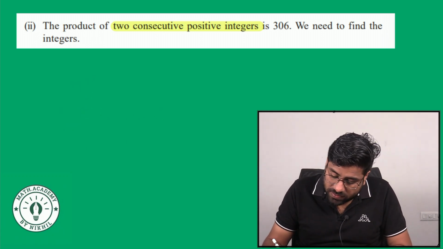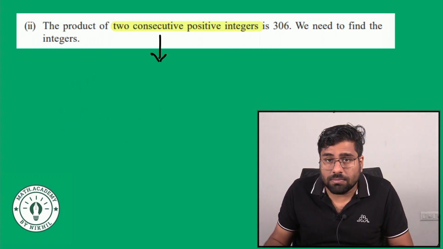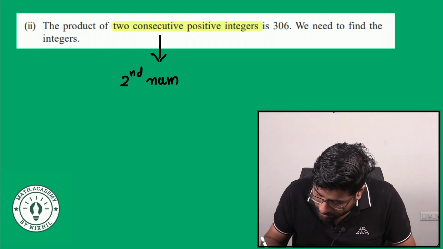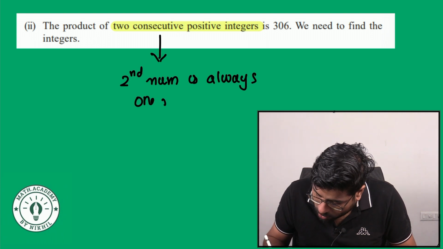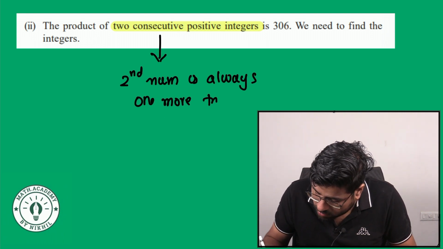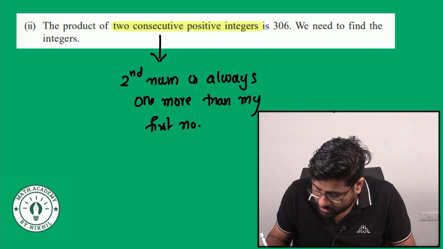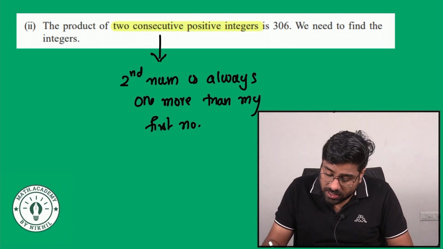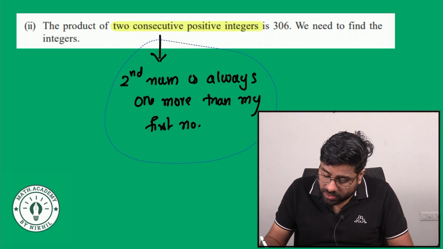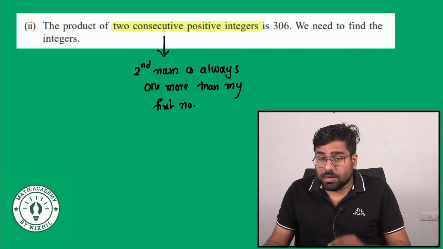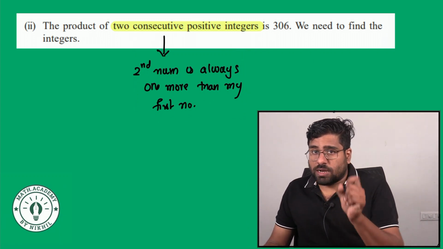When I am talking about two consecutive numbers, my second number is always one more than my first number. Is that logic clear, dear students? That is the logic of consecutive numbers.